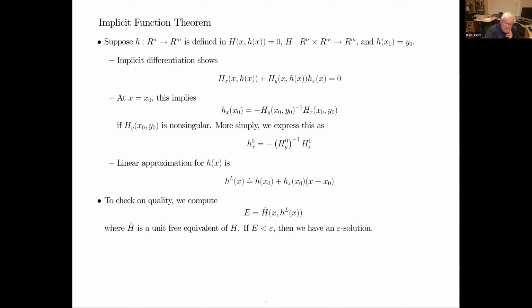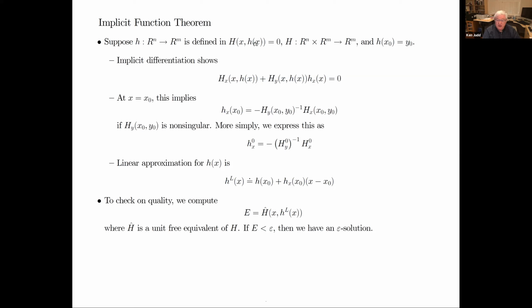Now, the way to think about this is that the big H has m outputs. So the equation big H equals 0 is m equations. And you have this h of x, an m-dimensional function.